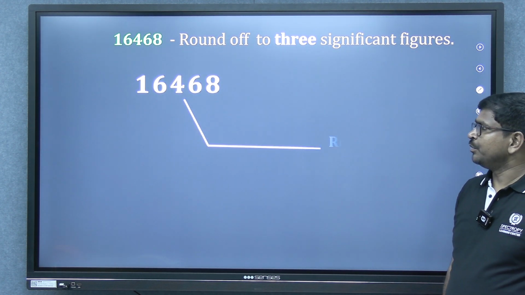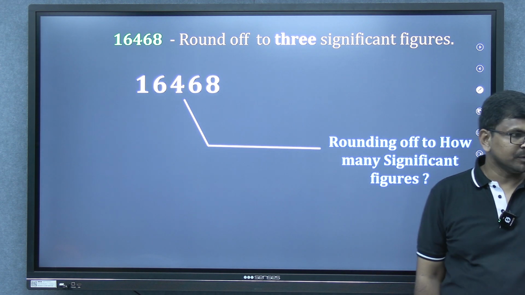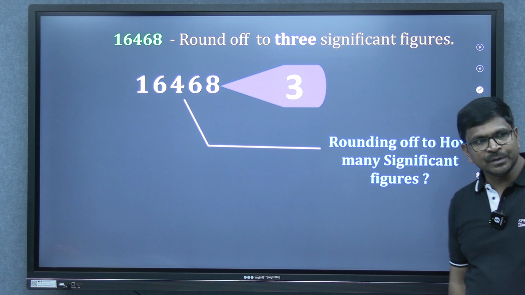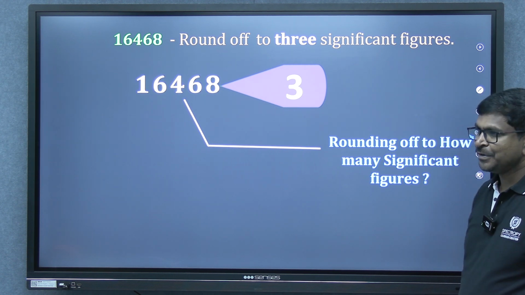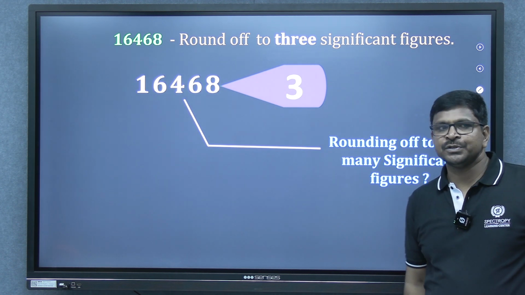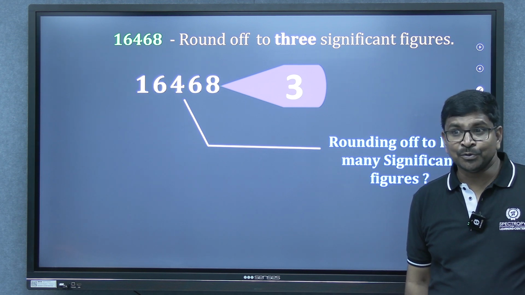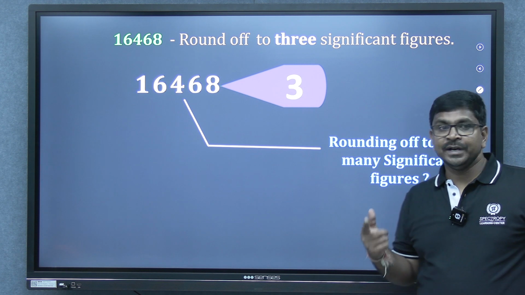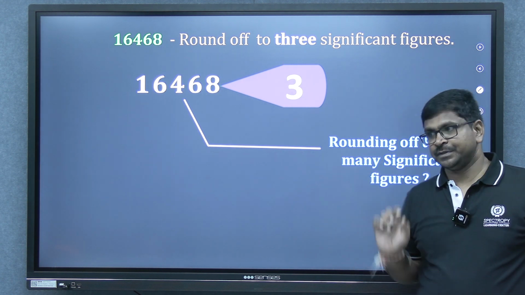And to how many digits do you need to round off? 3. How many digits are to be removed? 2. As 2 digits are to be removed, we need rounding off 2 times.